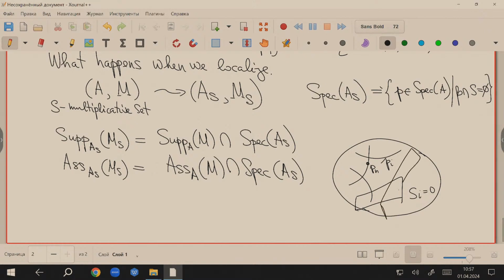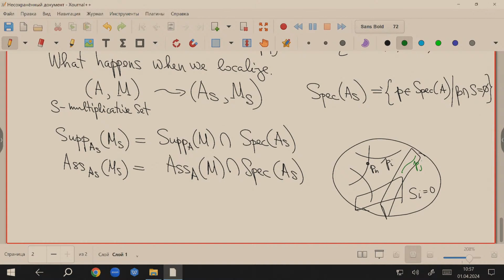So this is a set of hyperplanes. And your prime ideals, of course, can be contained in this hyperplane, so the ideals that belong either to the support of the module or the set of associated primes, you just have to throw them away and keep the previous thing. So the claim about support is more or less evident.